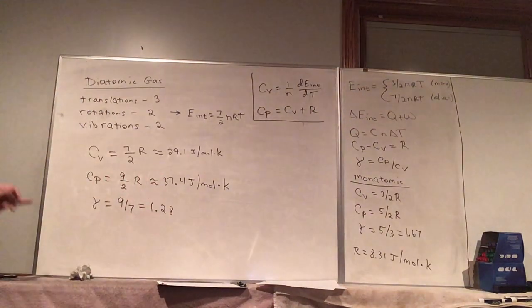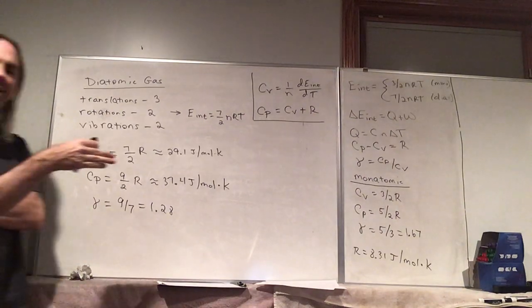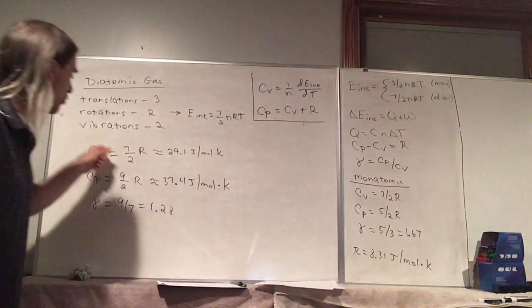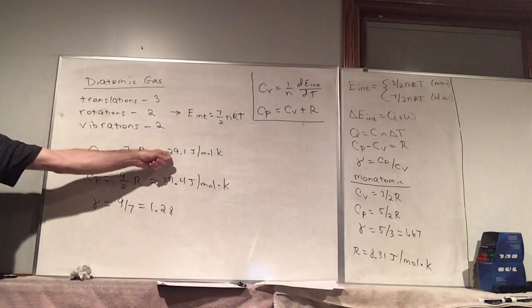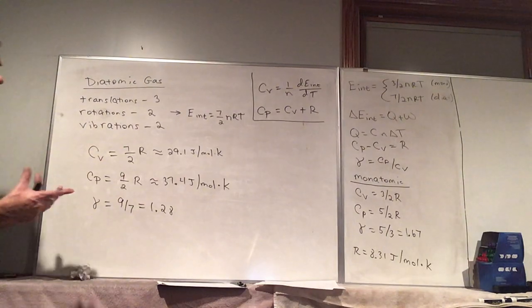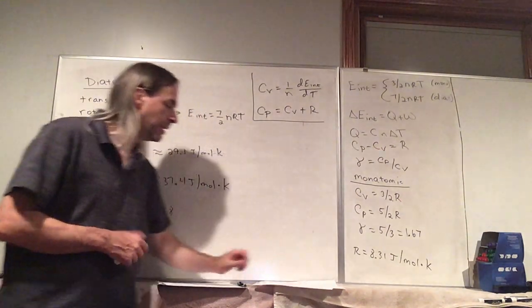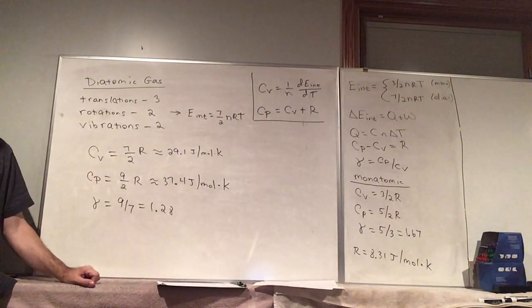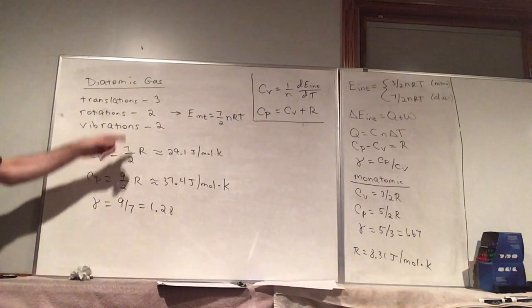But one thing you might have noticed is that, if we're looking at all these diatomic gases, the CV values were actually close to this. And we can think of it, maybe these gases, for some reason, only have 7 degrees of freedom instead of 9.